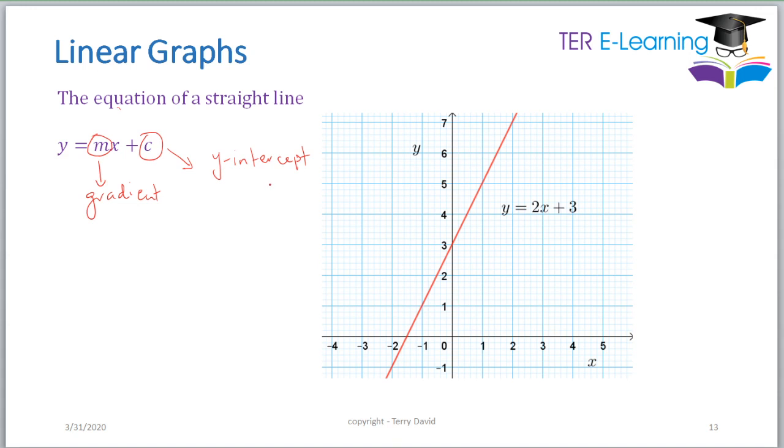The m represents my gradient and the c represents my y-intercept. So if I give you an equation like this, y is equal to 2x plus 1, which is this graph that I have on the right hand side here, can somebody tell me what is the gradient of this line?